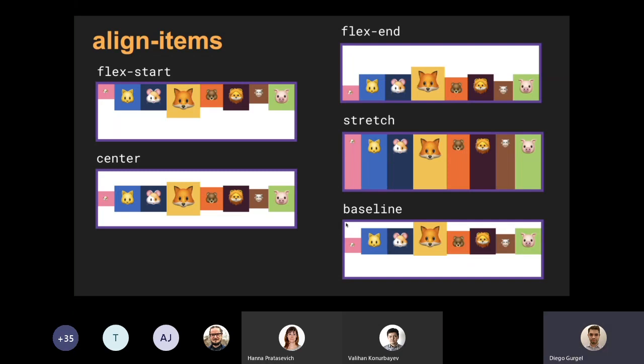And one really interesting property here is baseline. Basically, what baseline does is, I don't know if you can see here when we flex start things, the bottom of the cow is different from the bottom of the lion and the bottom of the fox and so on. But when we do baseline alignment, if we put a line here, they will be aligned with the bottom of the text that we have inside.